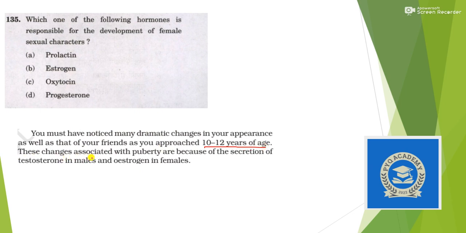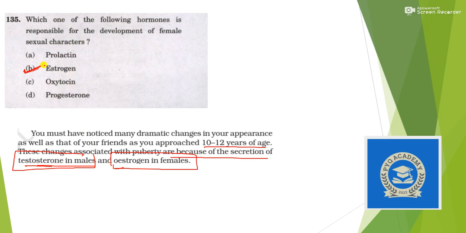These changes associated with puberty are because of secretion of testosterone in males and estrogen in females. So you can see two questions can be framed, one related to male and the other related to female. So our answer is option B, estrogen.